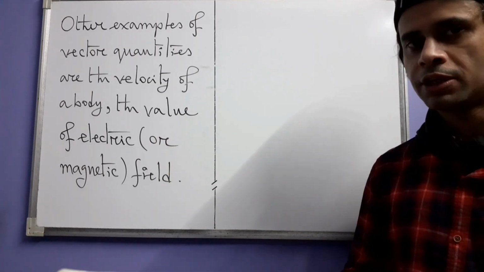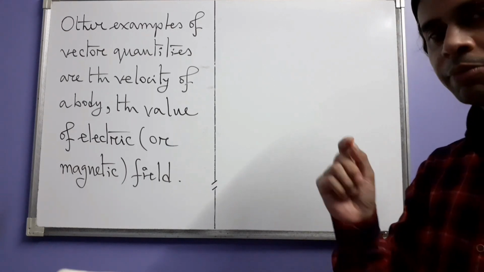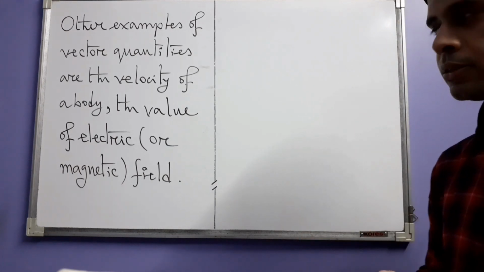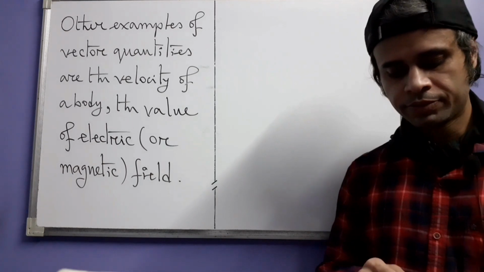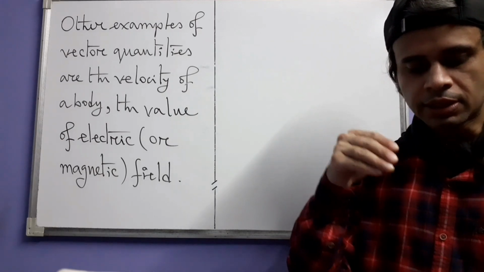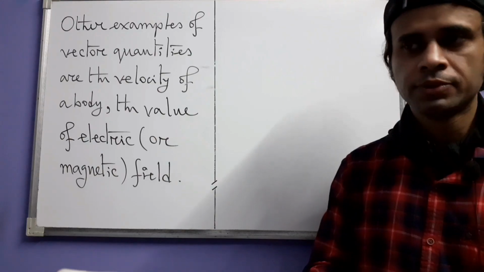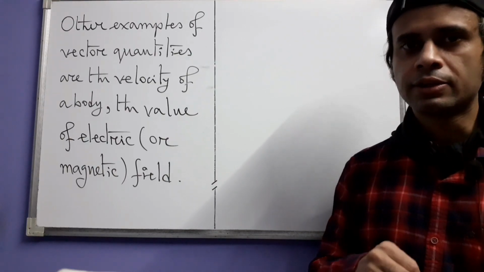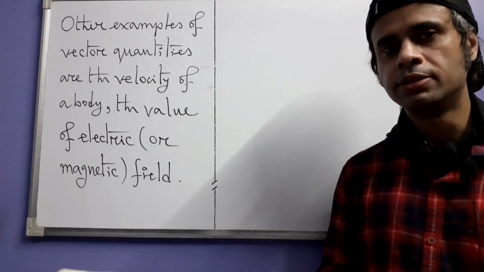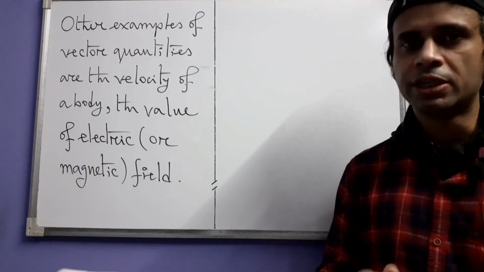Now we are going to define vectors. Remember, keep this in mind that in order to know the value of a scalar quantity or a vector quantity, you need to conduct an experiment where you will use some equipment to measure it.